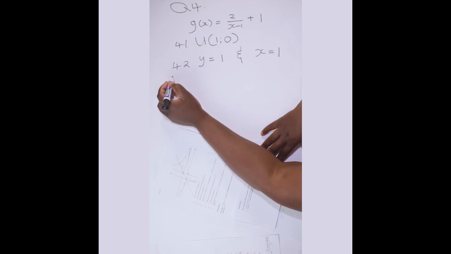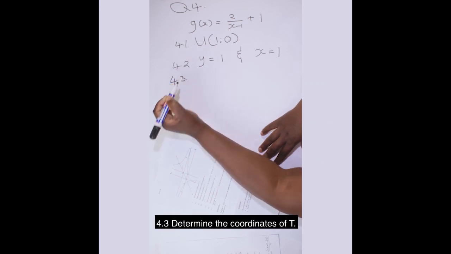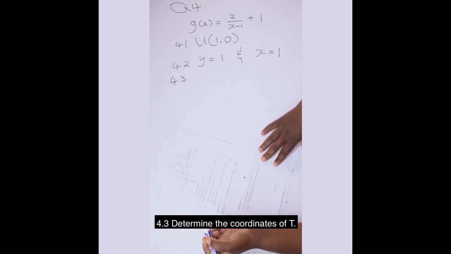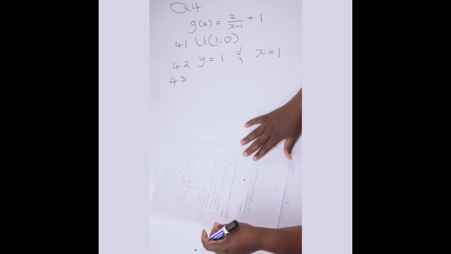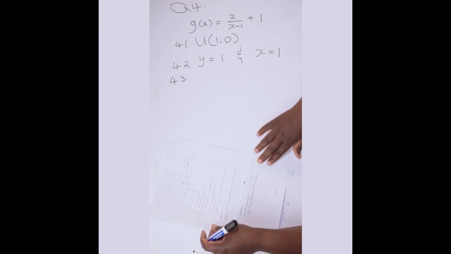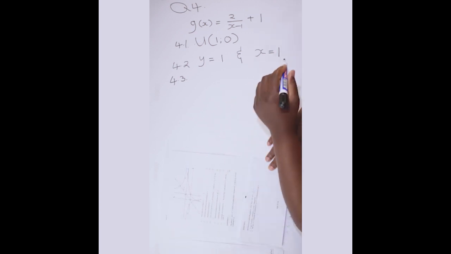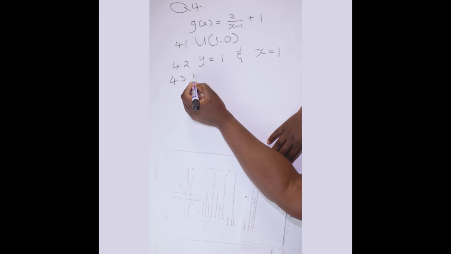The 4.3 says, determine the coordinates of t. Remember, they told us that t is the x-intercept of g at the beginning. So then it means that we are going to let y be 0.